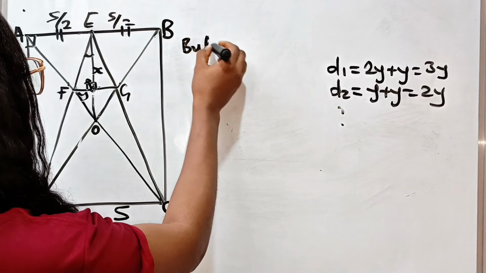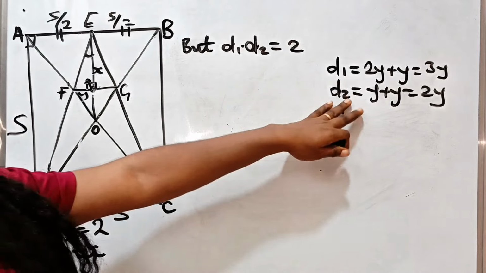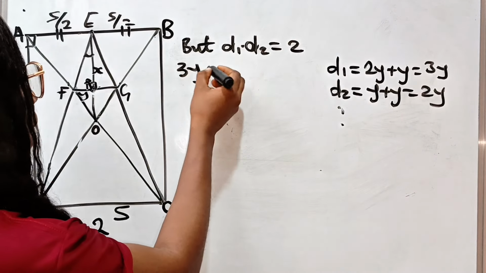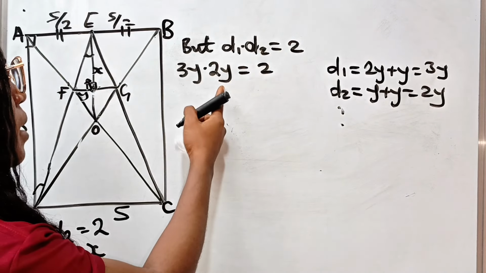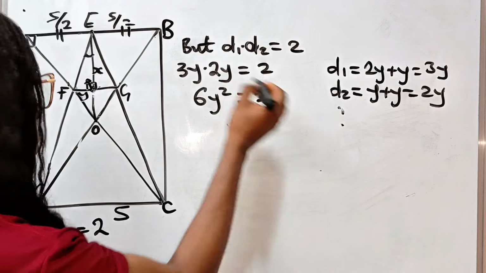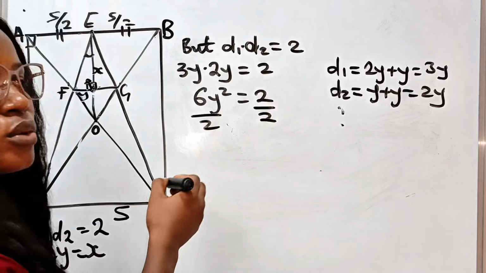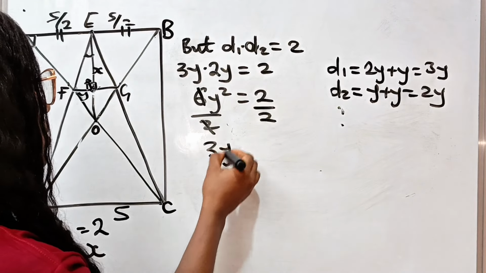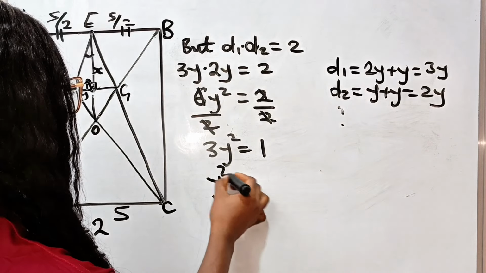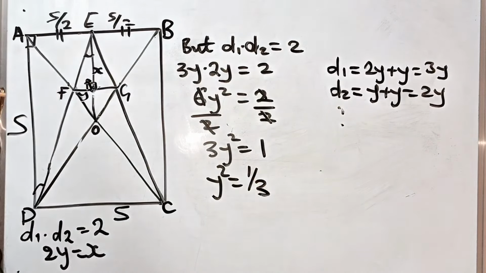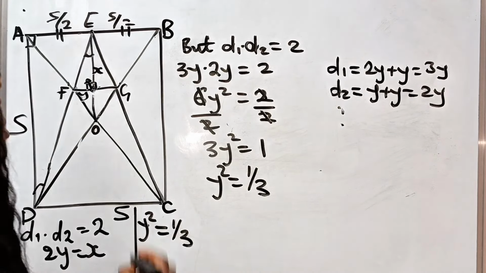So we can solve that 3y multiplied by 2y is equal to 2. So 3y multiplied by 2y is 6y squared, which is equal to 2. Alright, so divide by 2, divide by 2. We have that 3y squared is equal to 1. Therefore, y squared is equal to 1 over 3. Now, this is very important. Let's write it here: y squared is equal to 1 over 3.